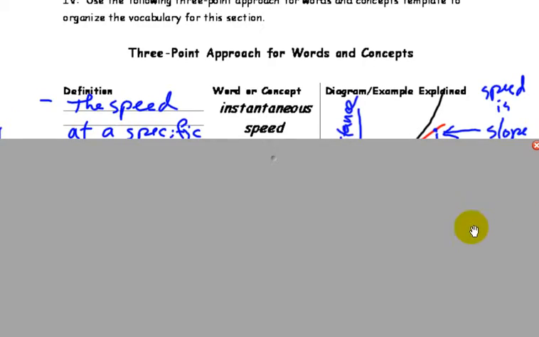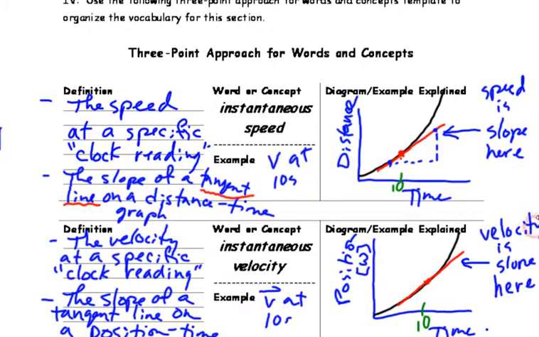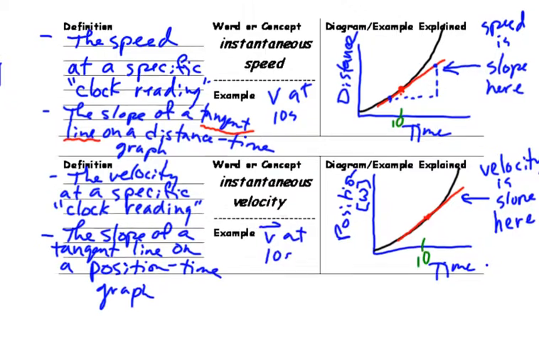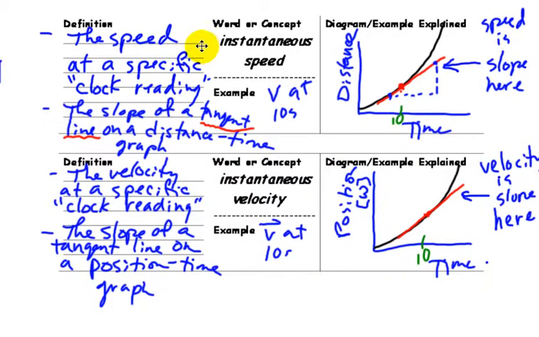Lastly here, just the vocab here for instantaneous speed, instantaneous velocity. So this, if we're simply looking at a value, the speed at a specific clock reading for both of them, or the velocity at a specific clock reading, or if we're looking at a graph, the slope of the tangent line on a distance time graph, or the slope of a tangent line on the position time graph.